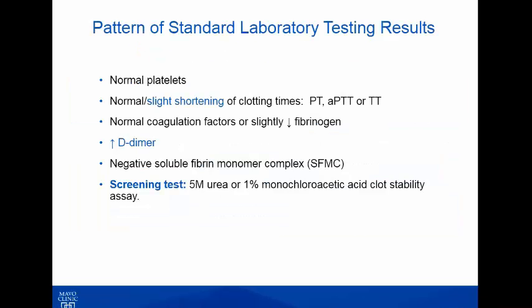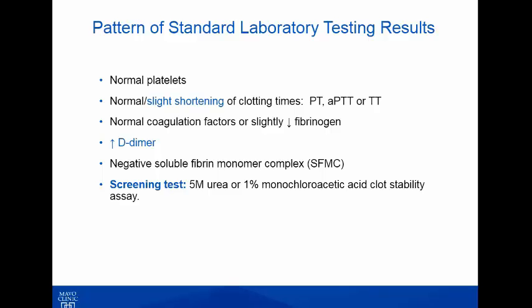Regardless of whether this is acquired or hereditary, these patients usually do not have profoundly abnormal coagulation results. Usually they have normal platelet counts, normal clotting times, normal factors, maybe slightly consumptive deficiency of fibrinogen, maybe elevated D-dimer if the patient is actively bleeding, and a negative soluble fibrin monomer complex.